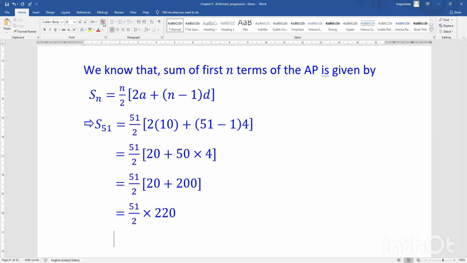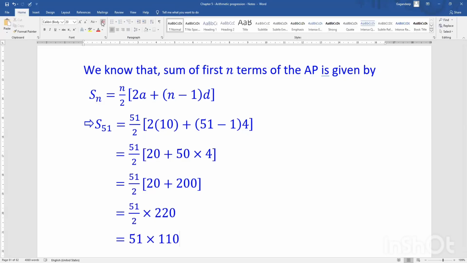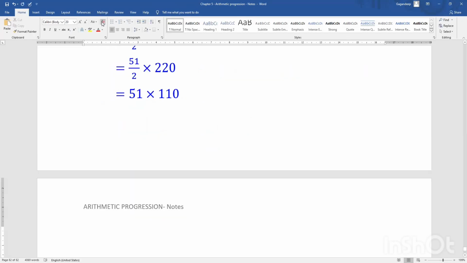Or this will give you 51 into 110, right? Because 2 ones are 2, 110 is 220. Then we are going to multiply this value. So I get it as 5610. So this is your answer. Okay.